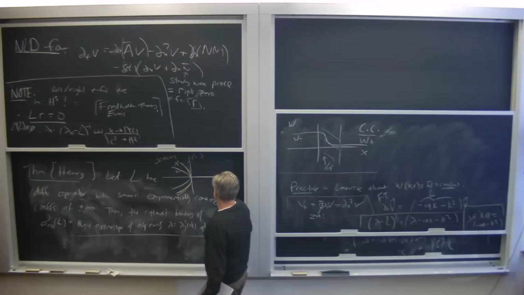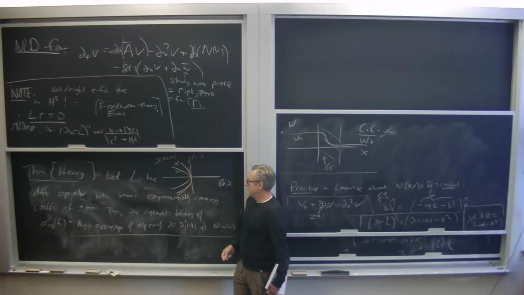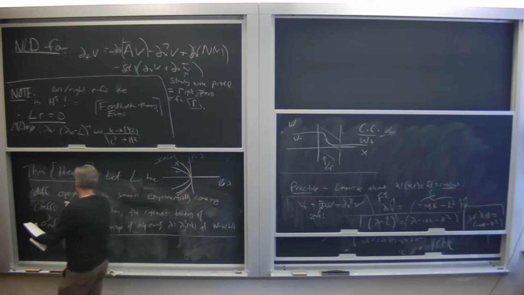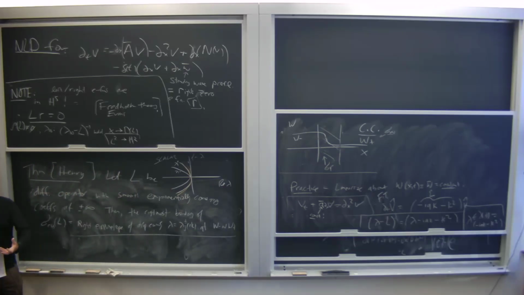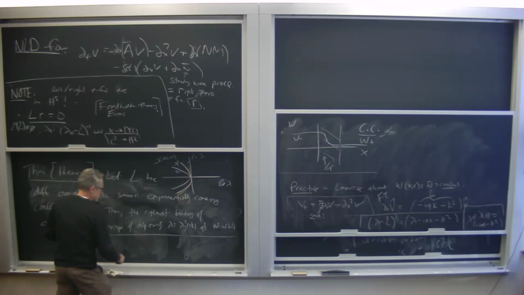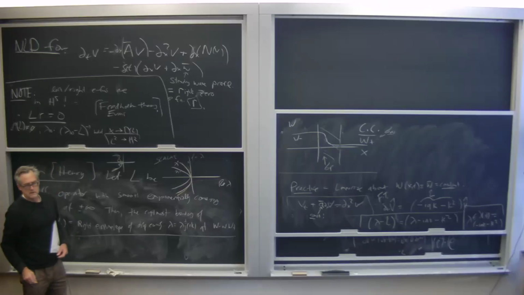But I didn't say anything about the nature of this operator, so the dispersion curves could be quite wild. You could have something that looks like this, and then some other thing that looks like this, and the rightmost envelope would then be tracing along the farthest points to the right.